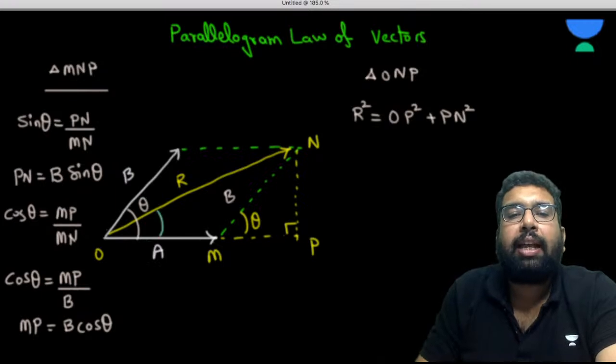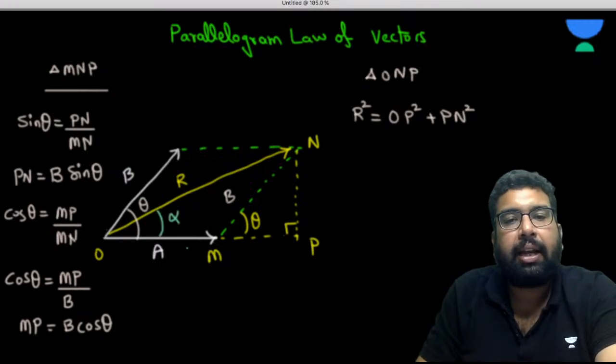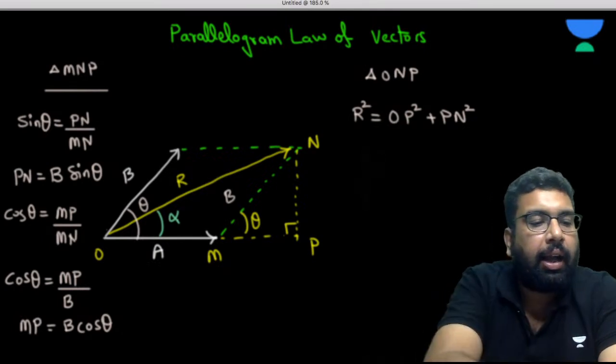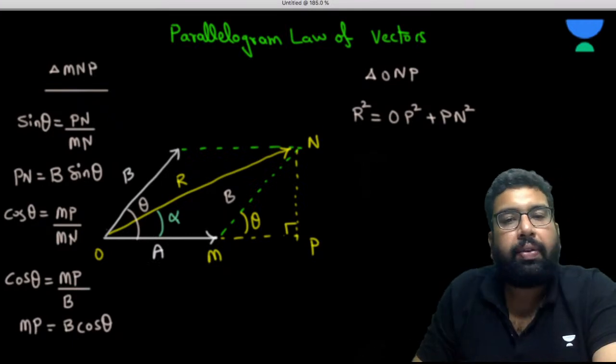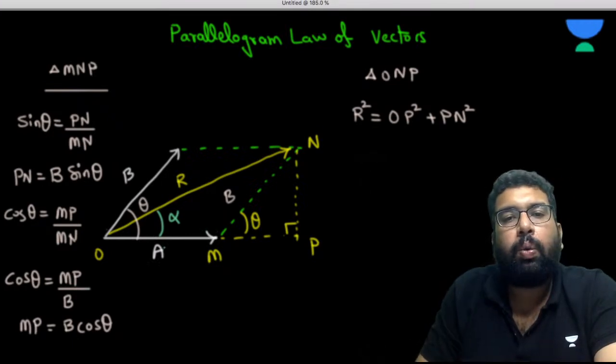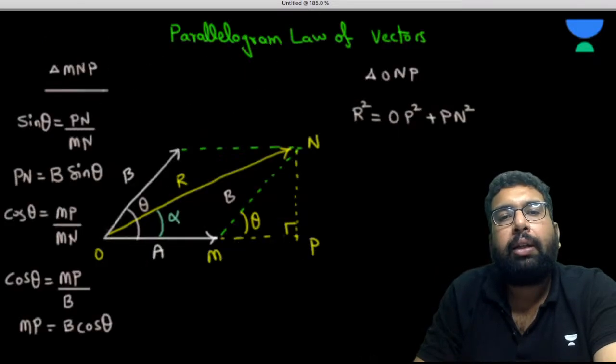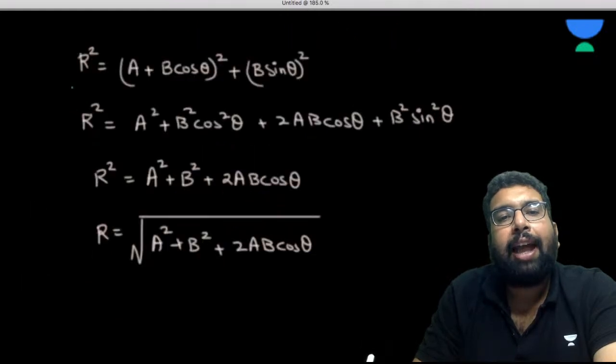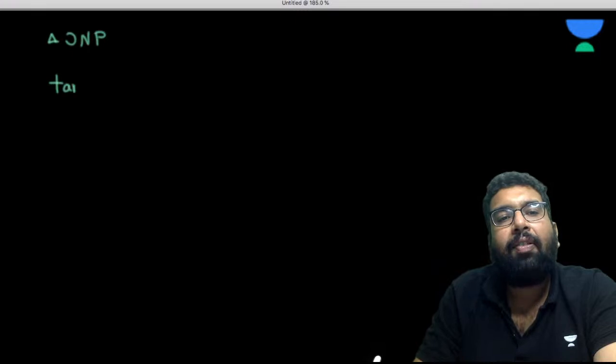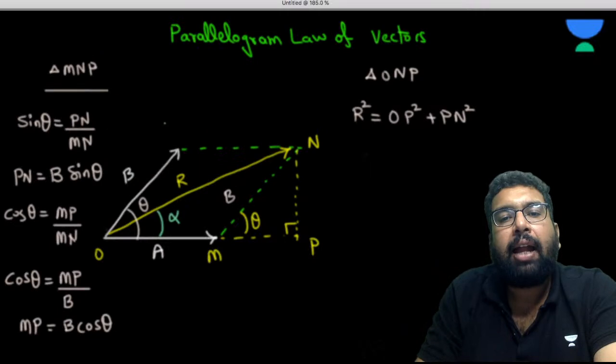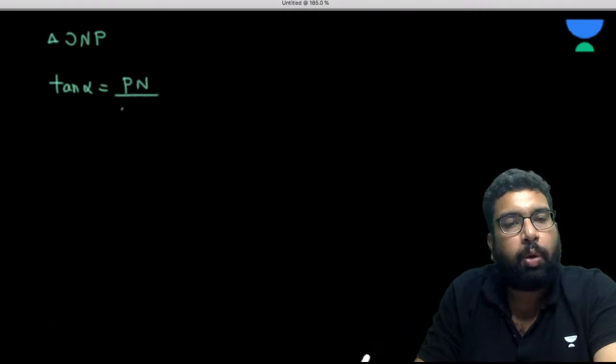Now, if I say this angle is alpha, now again you see in triangle O and P. Now, in this triangle O and P, can we say that tan alpha is equal to Pn upon OP?